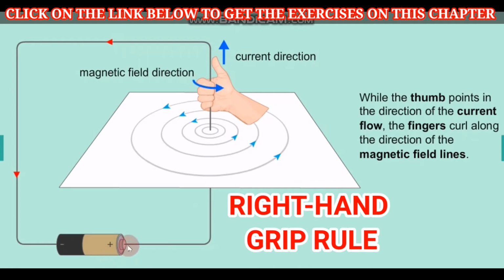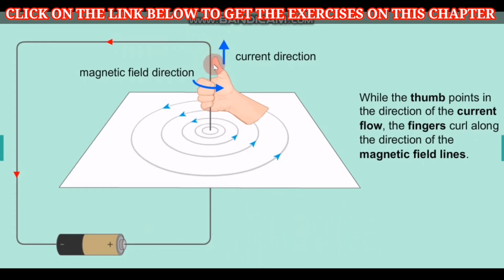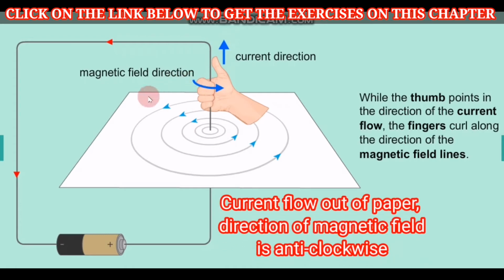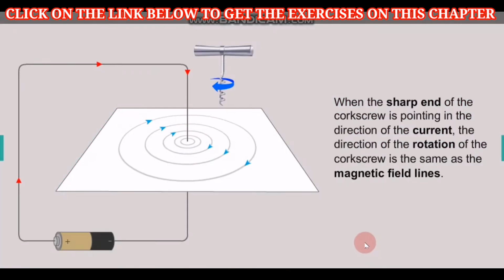In this example, we fix the cell in this direction, which means current flows out of the paper. So our thumb should be pointing upwards, and you can see now the forefinger curls in anti-clockwise rotation. So the direction of the magnetic field is anti-clockwise.